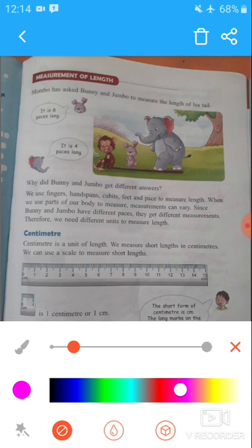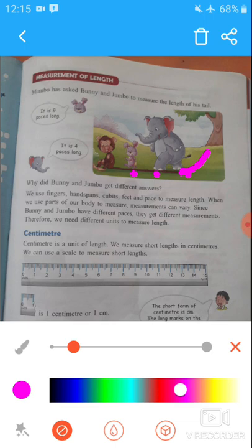The distance from one foot to the second foot is a pace. When you walk one step, the distance between your two feet is called a pace. Now look at Bunny and Jumbo.